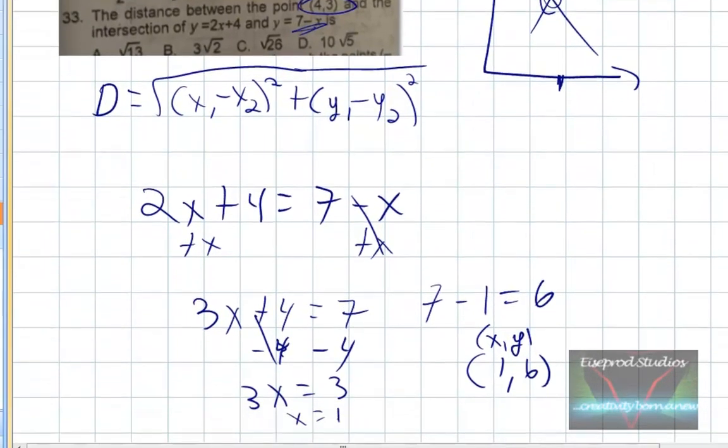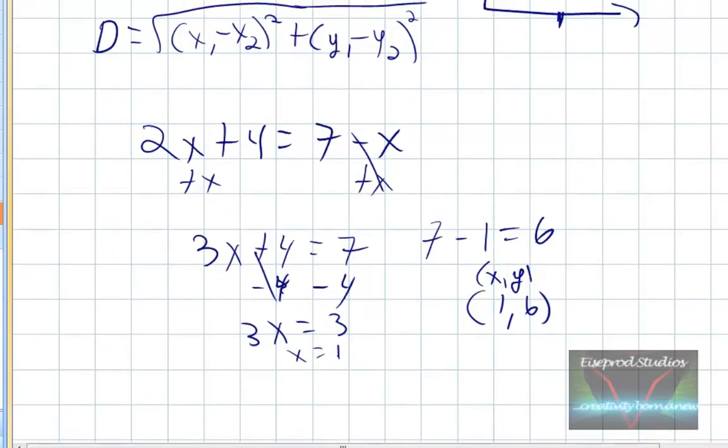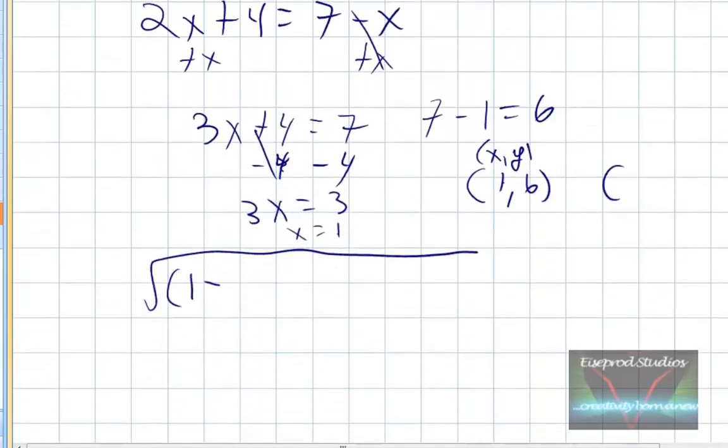So now we have to use the distance formula. And so I've written it up here. So the distance formula is going to be the square root of x1, so I'm going to use 1, minus x2. Let me write down the other point that they gave us. It's 4, 3. So 1 minus 4 squared plus, and now I'll do the same thing with the y's.